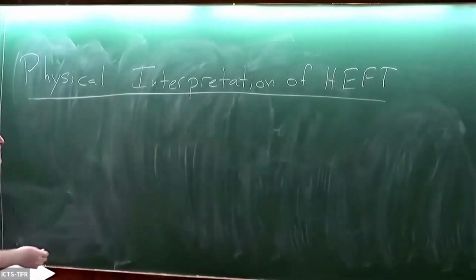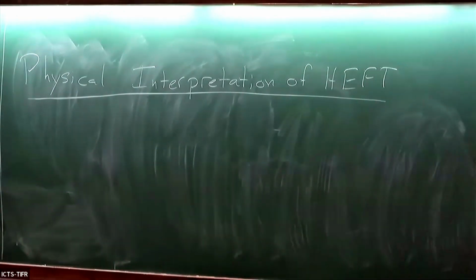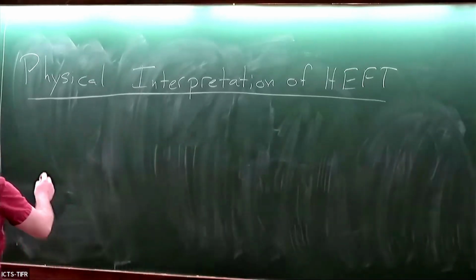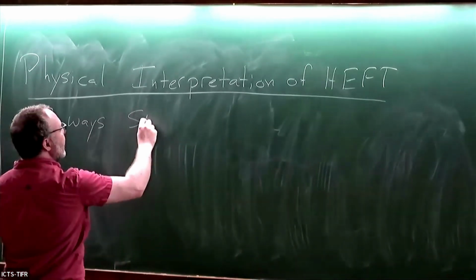I just want to spend our last few minutes together talking about the physical interpretation. To me, this is the lesson that we learned: there are two ways that SMEFT can fail.